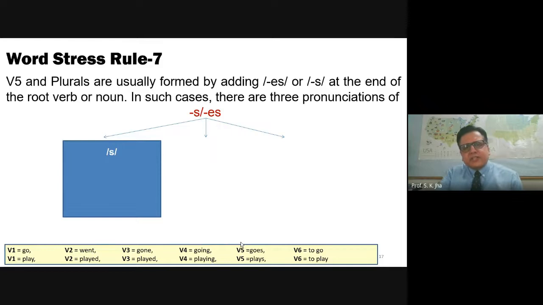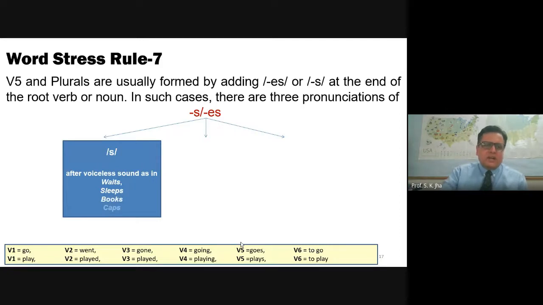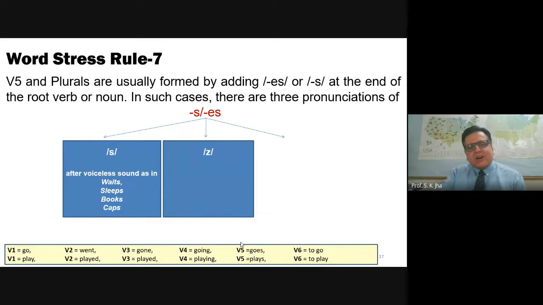In such cases, there are three pronunciations of S or ES. When you have S or ES at the end of any word, it will be pronounced in three forms, either S or Z or ɪz.